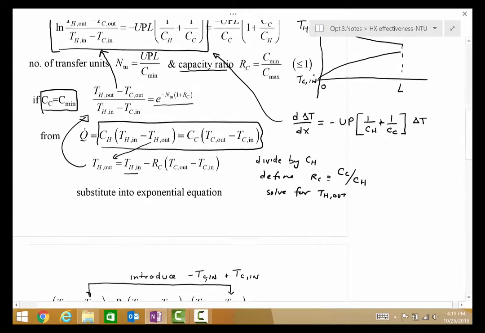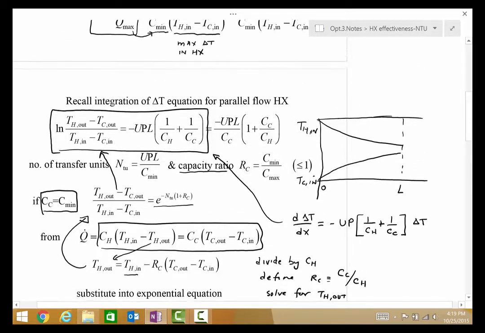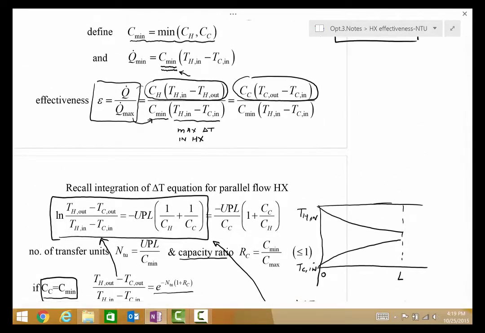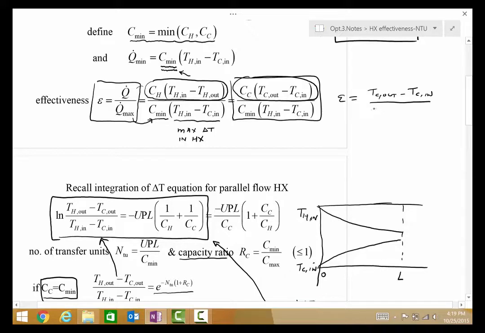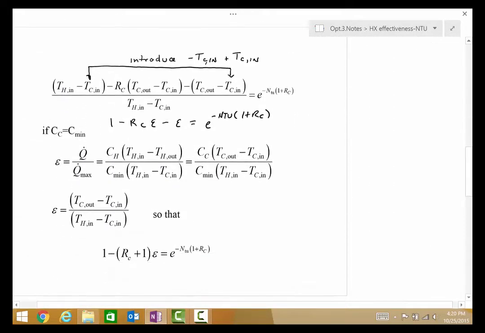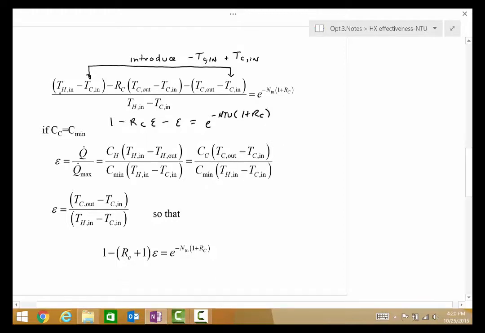These epsilons are TC out minus TCin over THin minus TCin. So let's go back to make sure that this is our definition for epsilon. For the case of C cold is C min, epsilon is TC out minus TCin over THin minus TCin. The THin minus TCin divided by the THin minus TCin in the denominator is just 1.